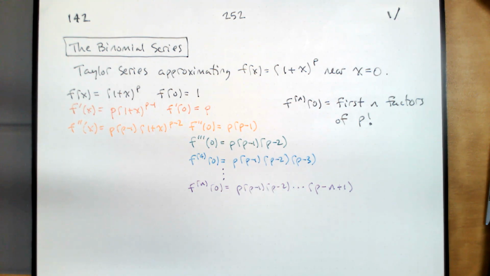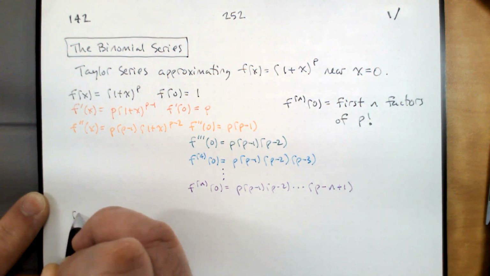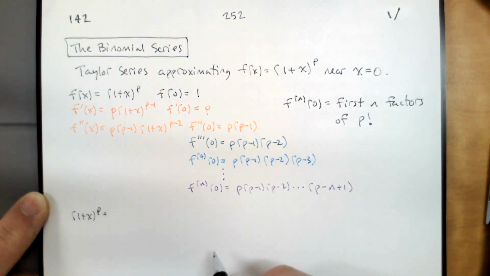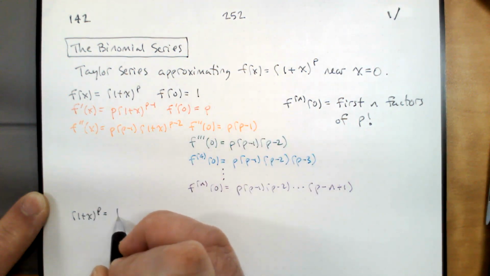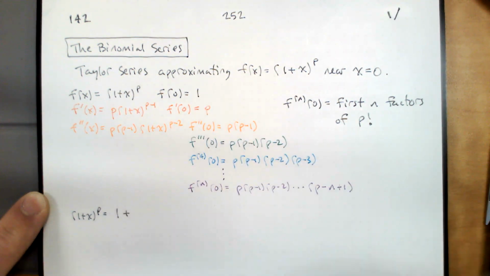So now if I have a function of this form, 1 plus x to the p, oh, I should write it down, I guess. It starts off with 1 plus p times x.